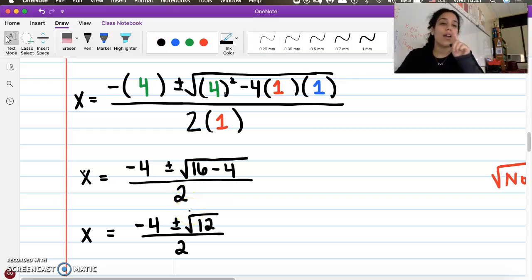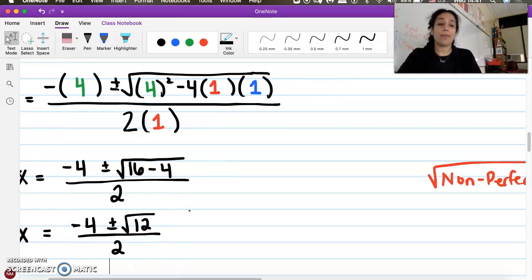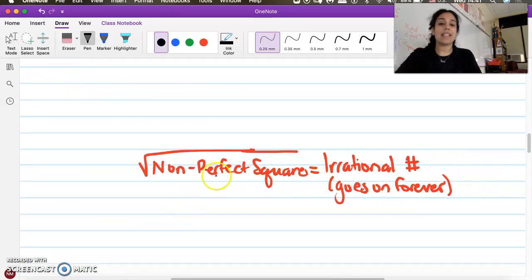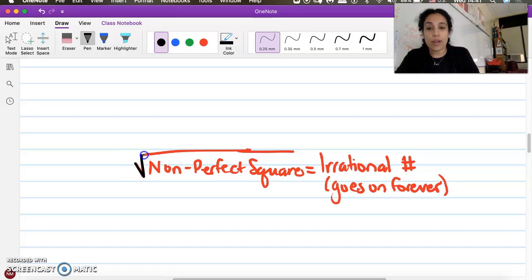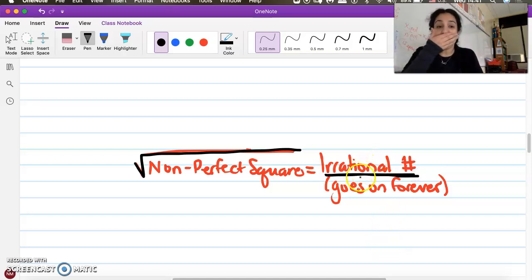How do we know that 12 is not a perfect square? Well, nothing squared gives me 12. So I put this right here. Anything that is not a perfect square, if you take the square root of a non-perfect square, you get an irrational number. An irrational number is a number that is a decimal and it goes on forever.